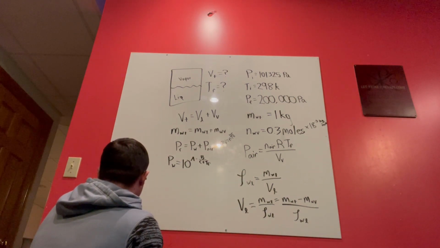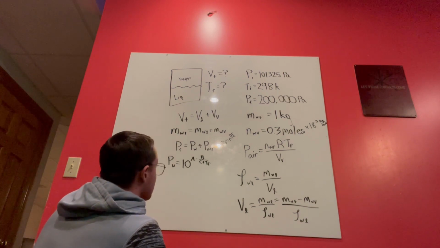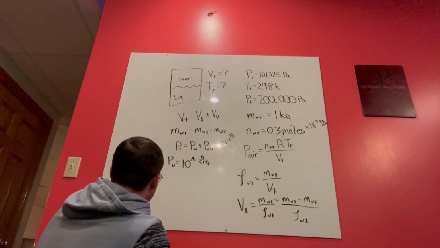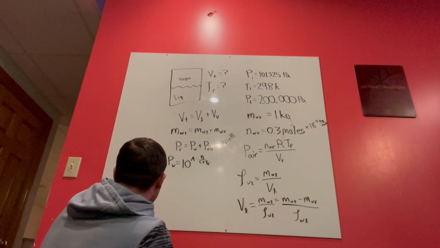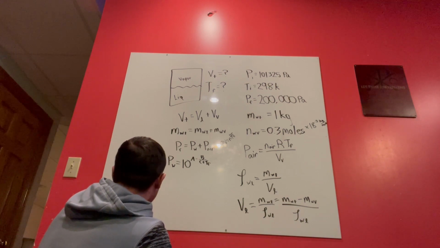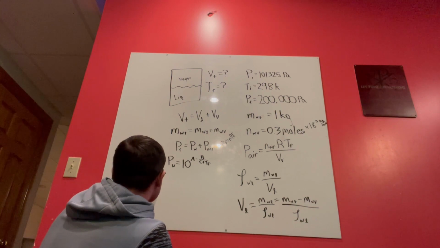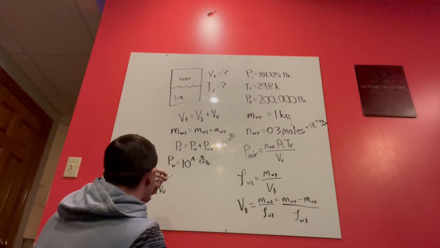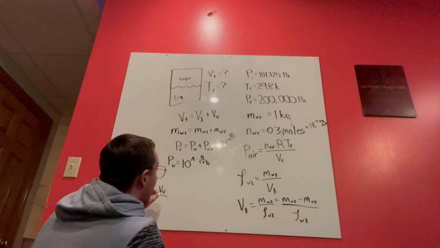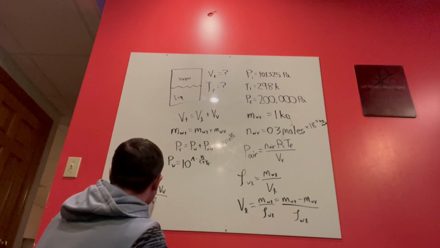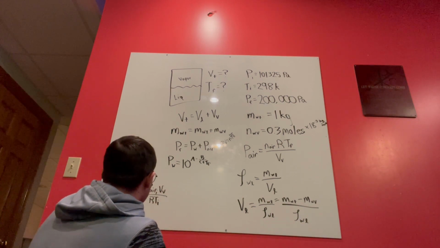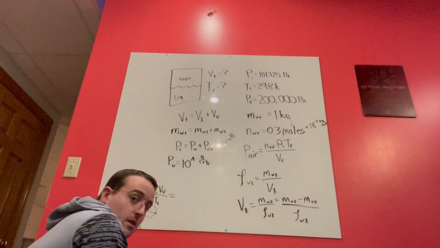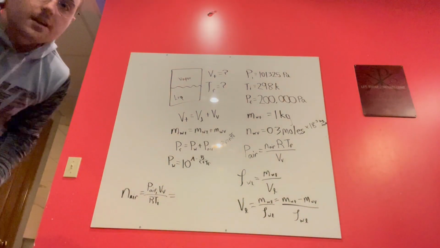So it'll basically look like N air equals the initial pressure of the air, so it'll be pressure of air, times EV, which is the volume in the vapor phase, over R times initial temperature. Oh sorry, you probably can't see that. That's what it looks like.